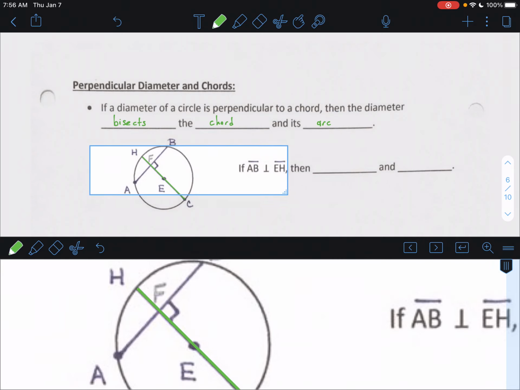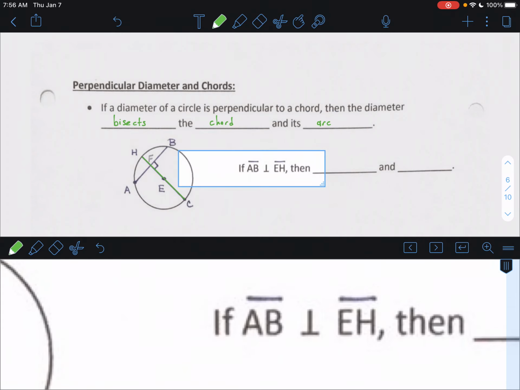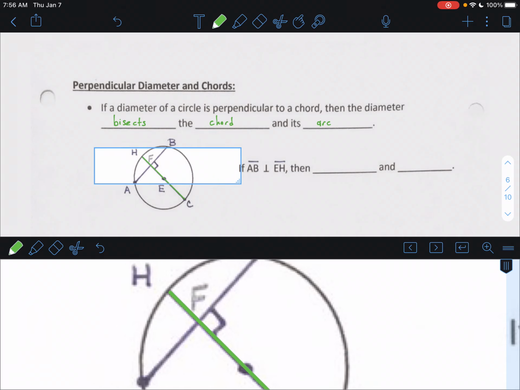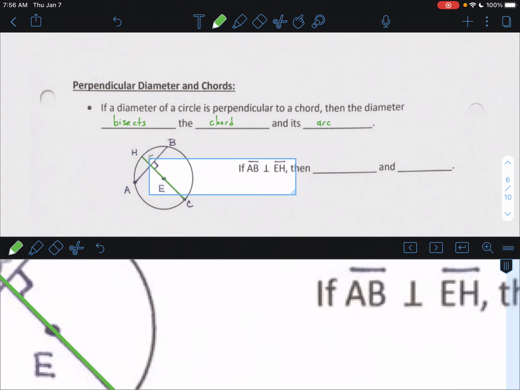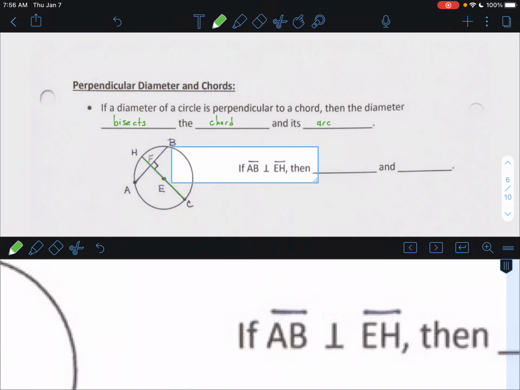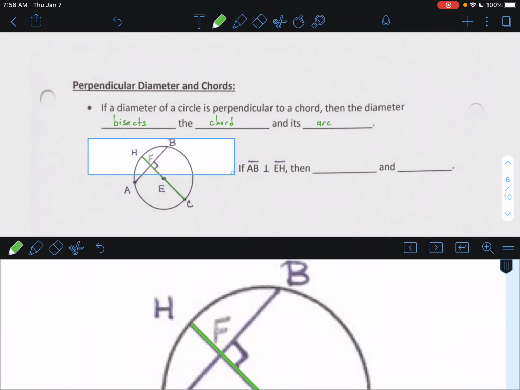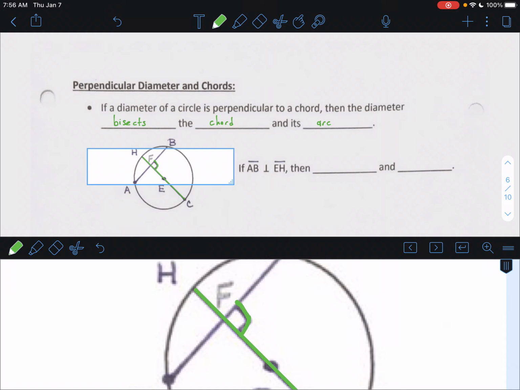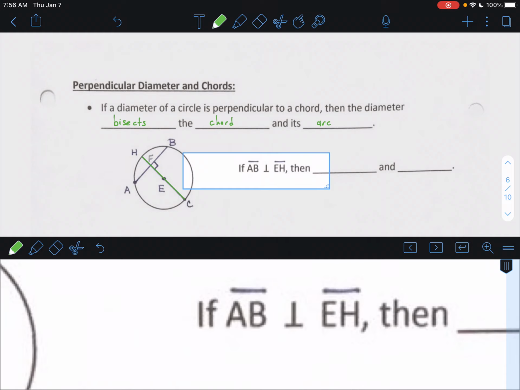So if AB is perpendicular to EH, or CH really, because CH is the diameter here, but E is the point there, so we're allowed to use E to name it.